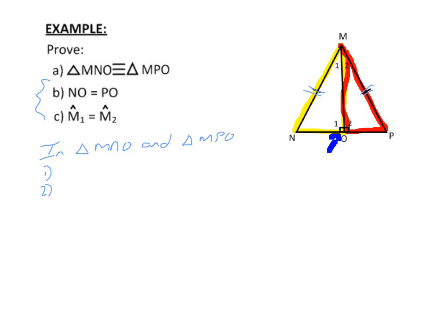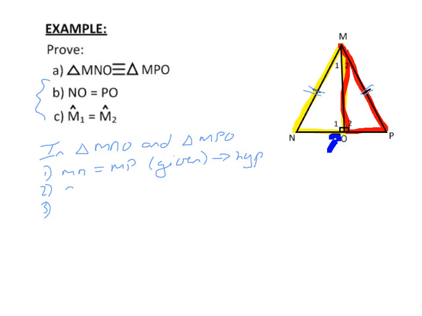1, 2, 3. And I've got that MN is equal to MP, and that's given. But that's very special, because this is the hypotenuse. So I've found already that the hypotenuse in the yellow triangle is equal to the hypotenuse in the red triangle. Great, I've got a hypotenuse.